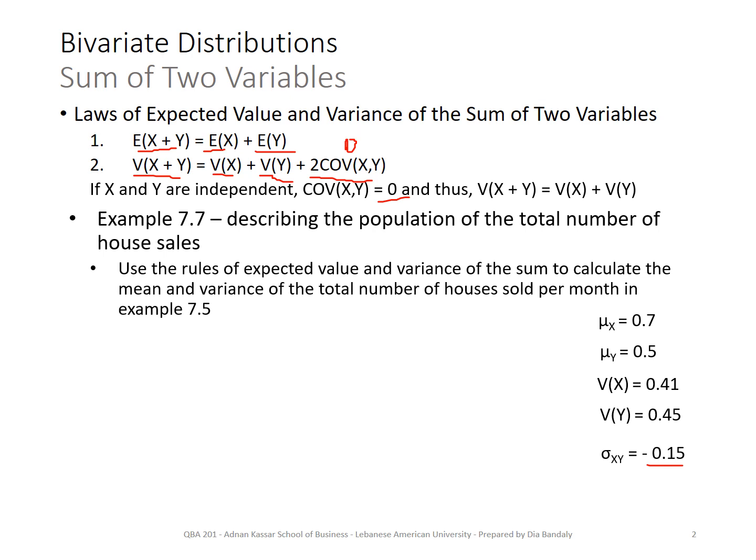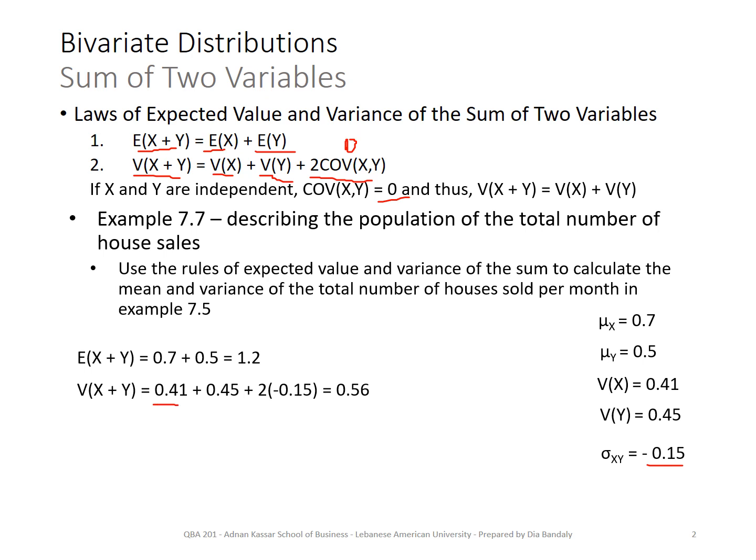So to find E of x plus y, that's very easy. We sum up the means of x and y and we get 1.2. Now to find the variance of x plus y, if you want to apply this formula, V of x plus V of y plus 2 covariance xy, all we do is plug into the formula the values that we found before.